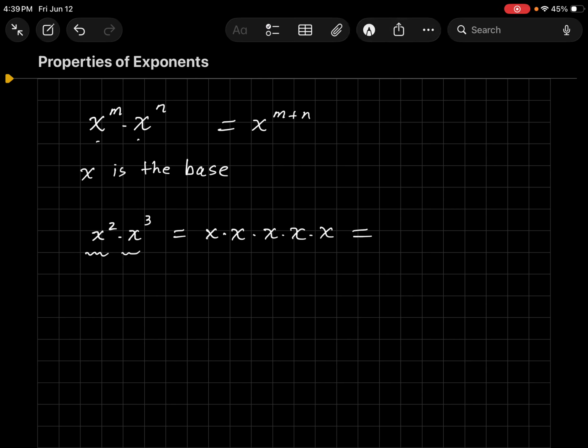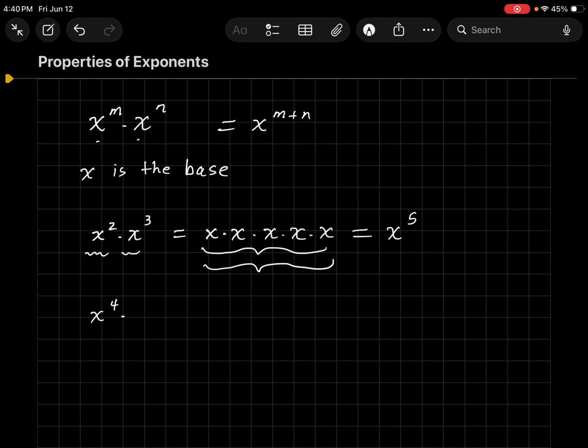Now, what does this equal? Well, we have x multiplied 5 times, and that gives us x to the 5th. Well, I don't want to write it out every single time. I just want to understand that there's a shortcut. I see that 2 plus 3 equals 5. Does that work always? The answer is yes.